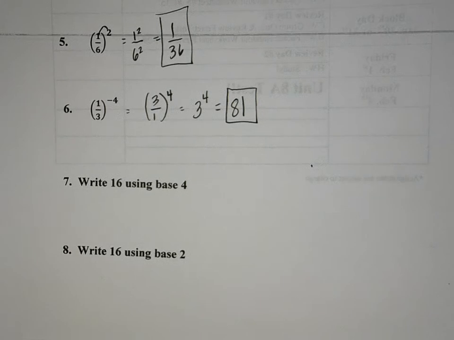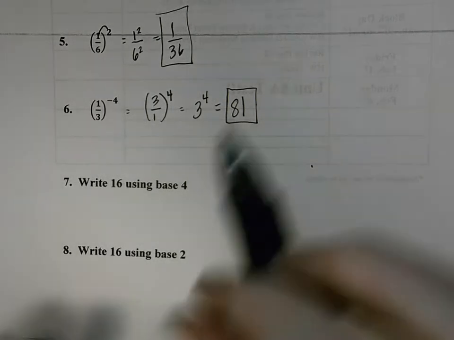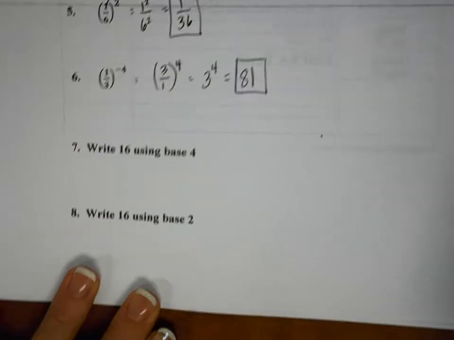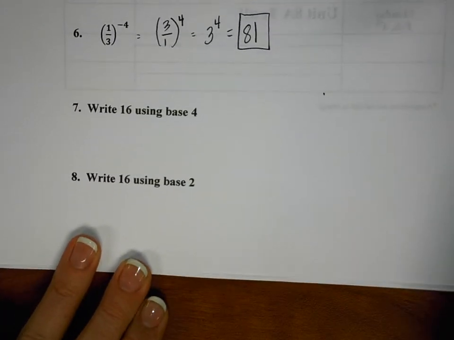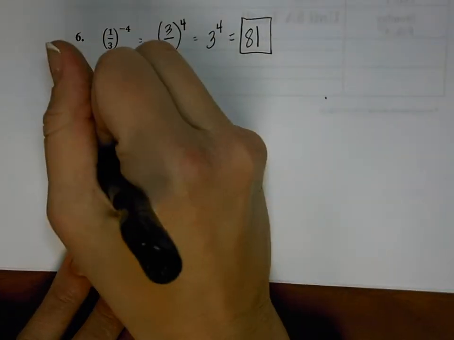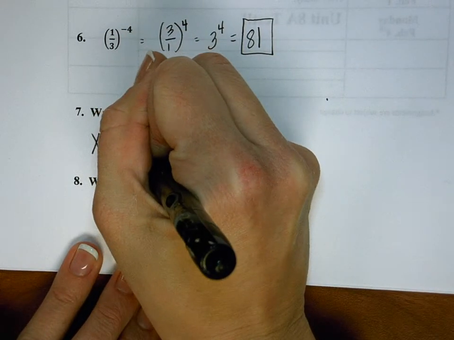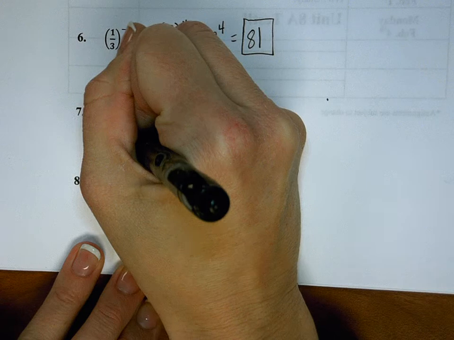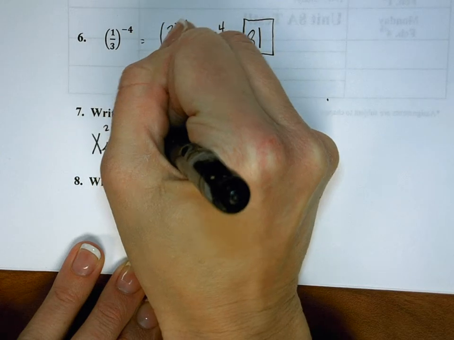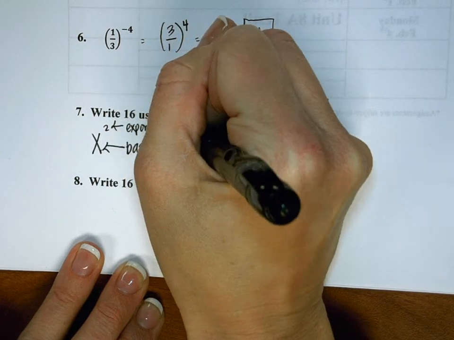Okay, number 7 says write 16 using base 4. Exactly. So just to recap for those of you that don't remember, if I have something like x squared, x right there is my base, and 2 is your exponent or power. Okay?